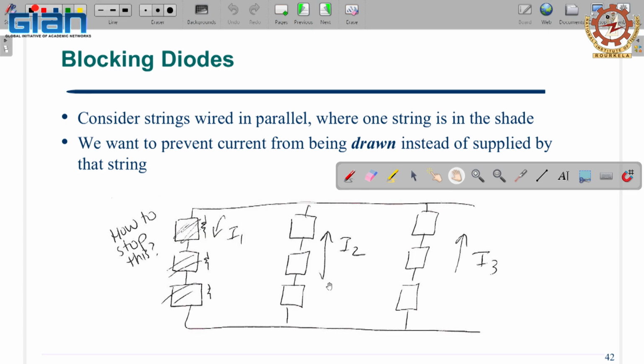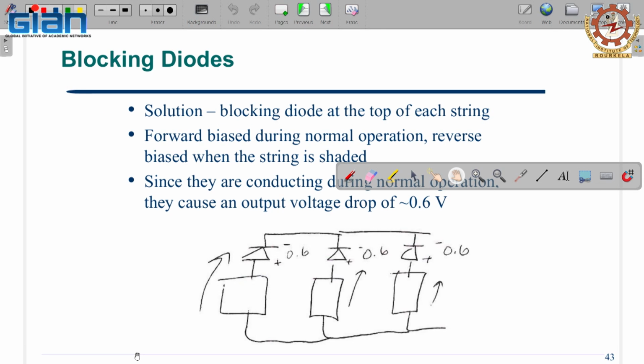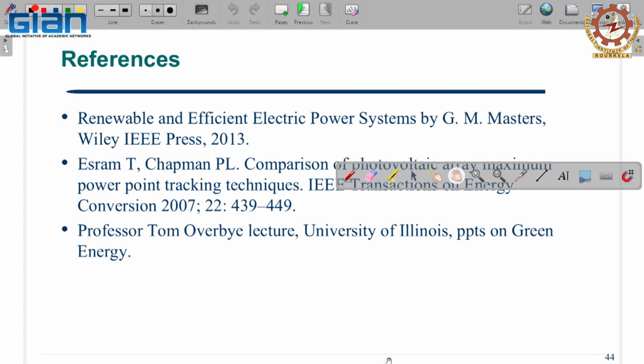So what can happen is that the current flowing in the load can start flowing in this shaded portion, a circulating current. This can be another issue. To avoid this problem, for each string you place one diode in the reverse direction, so it will avoid the flow of current in the reverse direction. Okay, so this we completed.